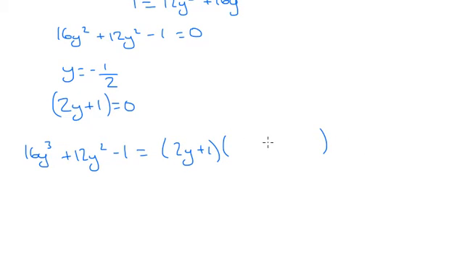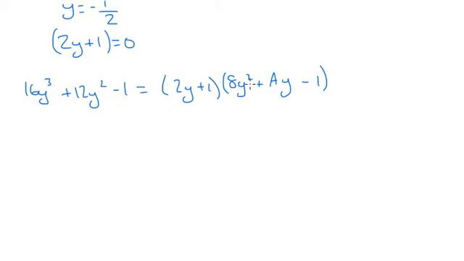The quadratic, we're only going to have to work out the middle term. The first term must be an 8y squared, because that's the only way we're going to get a 16y cubed. And the end term must be negative 1, because plus 1 times minus 1 gives us our minus 1. The only thing we don't know is how many y's we've got in the middle. So if we compare coefficients of the left-hand side and the right-hand side, I could compare coefficients of y squared or of y, it doesn't matter.